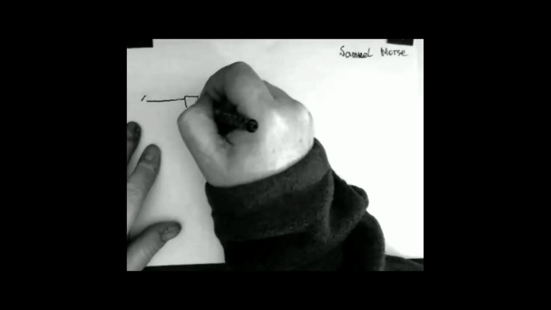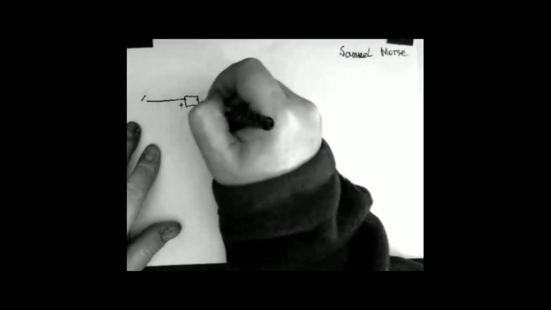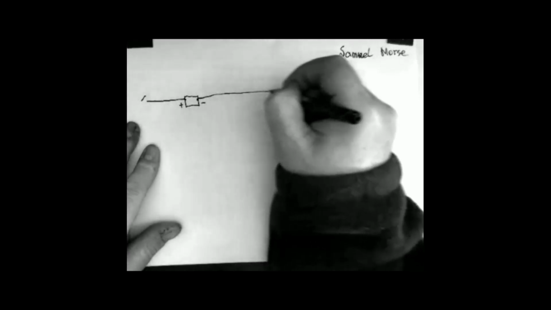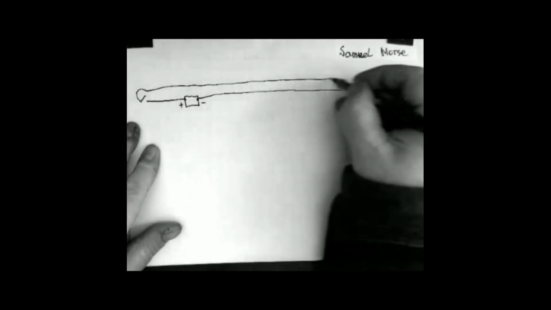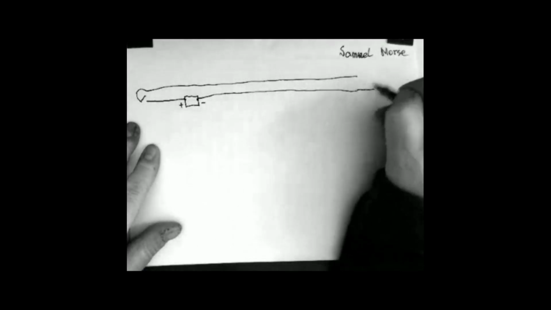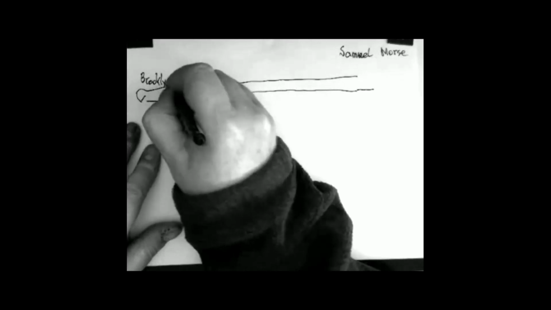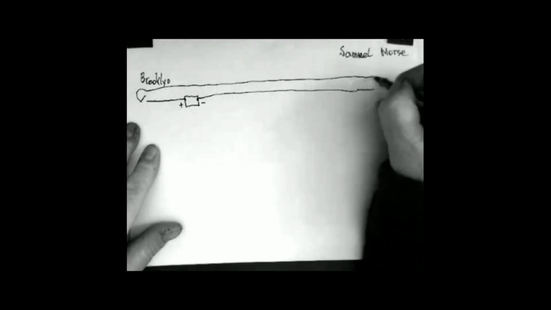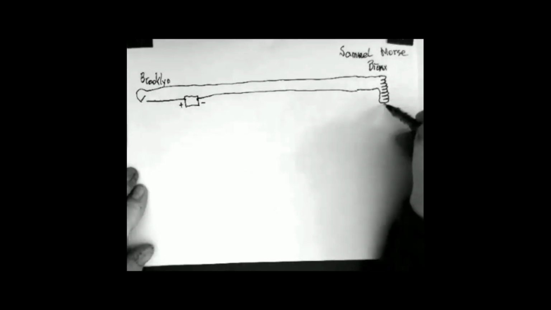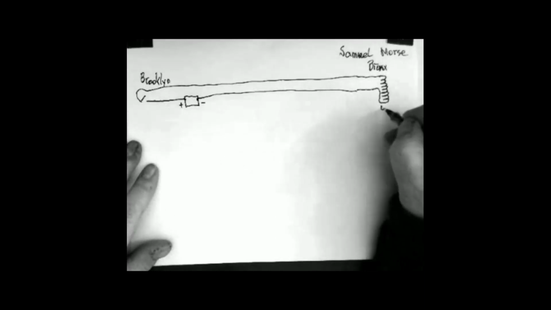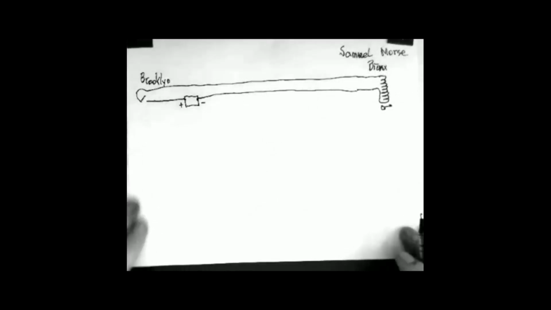He put the switch in one city and the battery somewhere in the middle, plus minus. And then he put long wires through the whole region. Let's say this is Brooklyn, this is Bronx, and he put the key visible for the operator in Bronx.